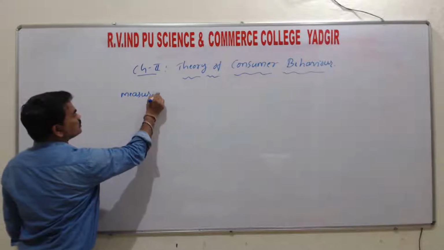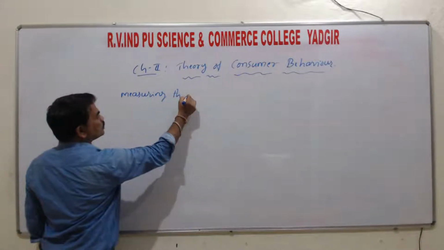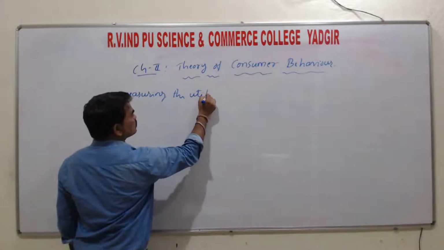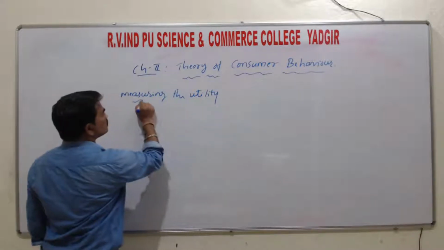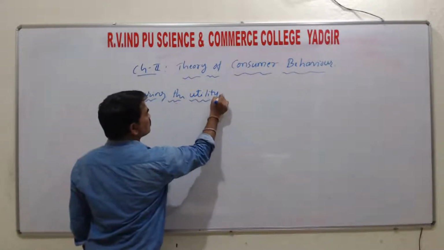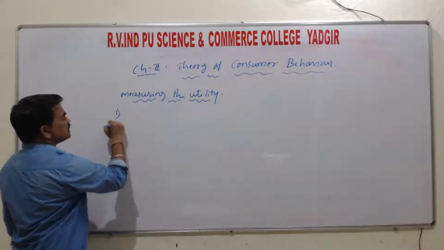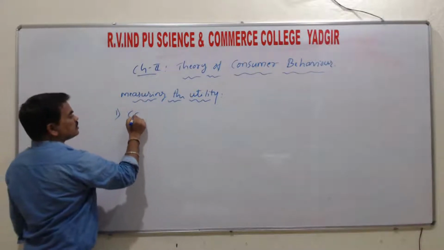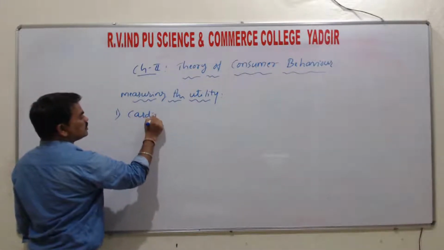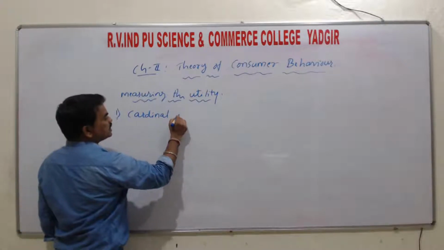Measuring the utility. The first method is cardinal utility analysis.